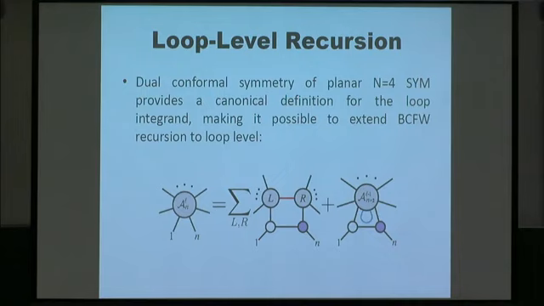And furthermore, N equals 4 super Yang-Mills in the planar limit has another nice property known as dual conformal symmetry, which I won't really have time to explain. But it turns out that this provides a canonical definition for the loop integrand, making it possible to actually extend this recursion relation to loop level, that is at the level of the loop integrand, because the loop integrand is also a rational function.